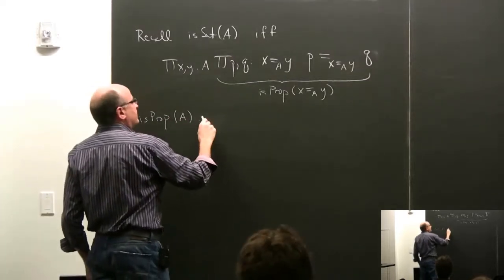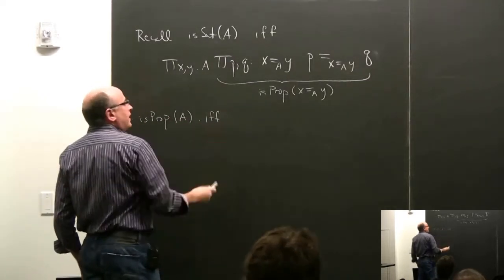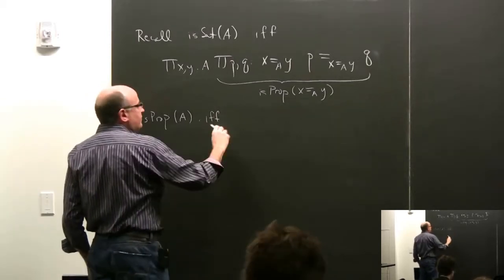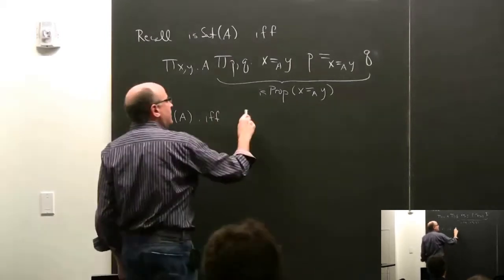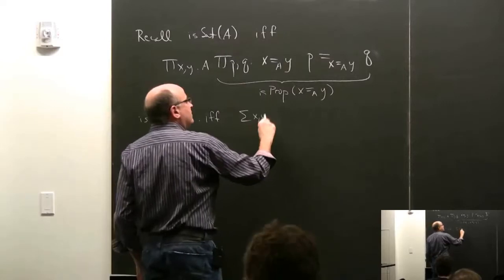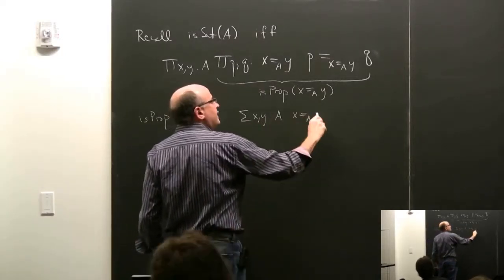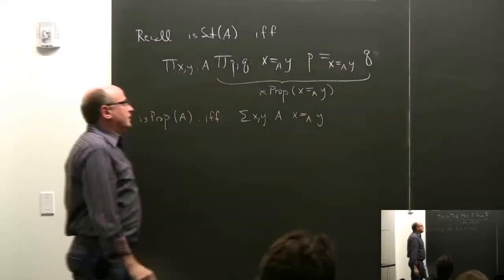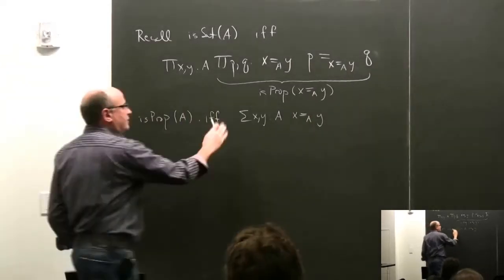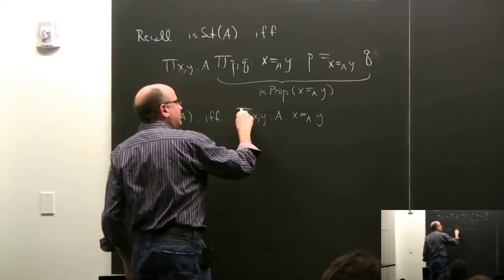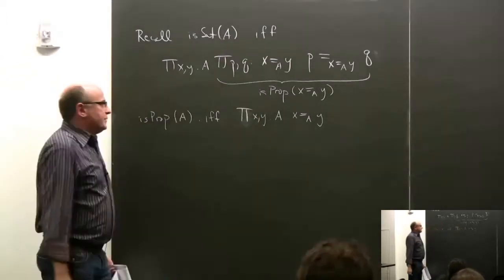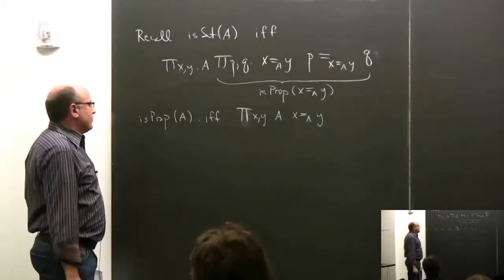So this is defined in the following way, by definition. It says any 2 elements of that set, or that type, are equal. Pi, okay, so any 2 elements of that type are equal.